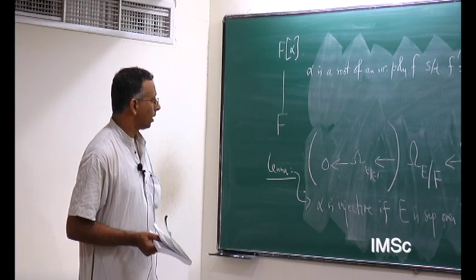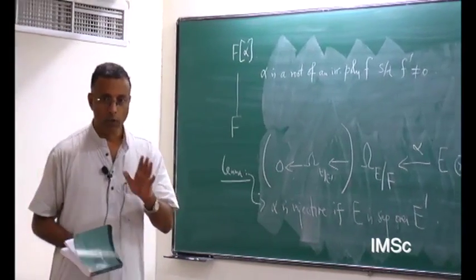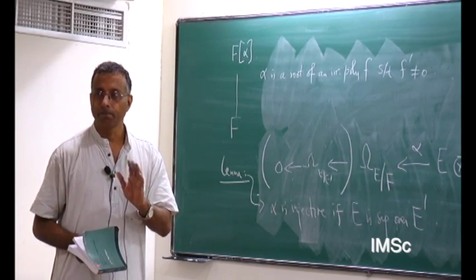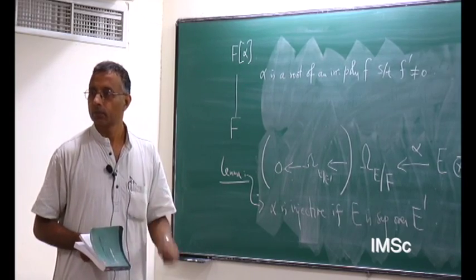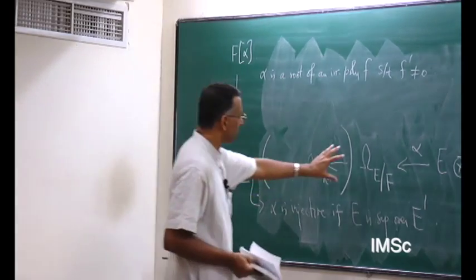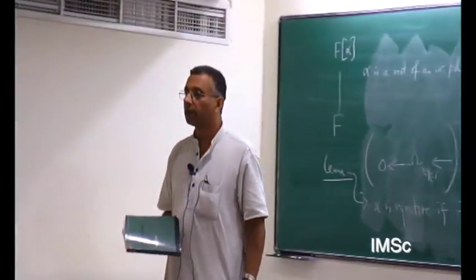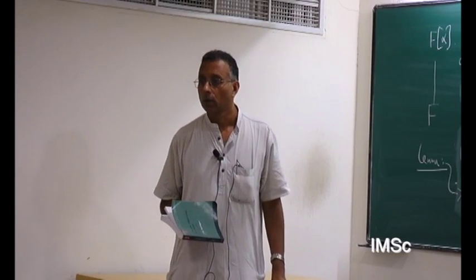Well, why are they finite dimensional? Is that clear? I suppose it is from what we have observed, right? But do you agree that these are finite dimensional E modules? Why is this finite dimensional as an E module, as an E vector space? It came from E tensor.